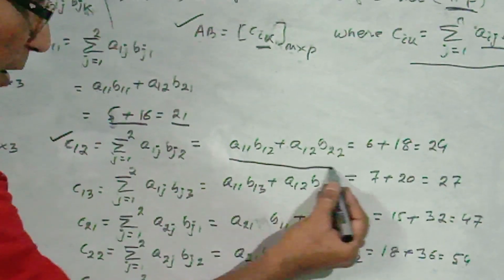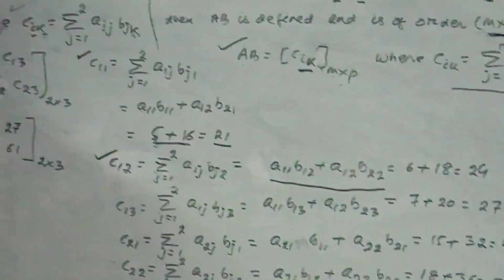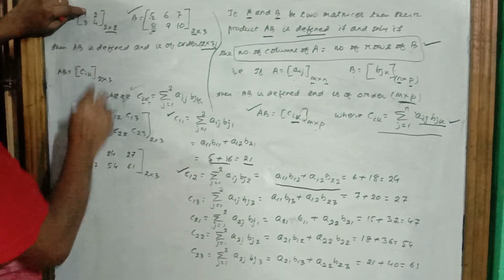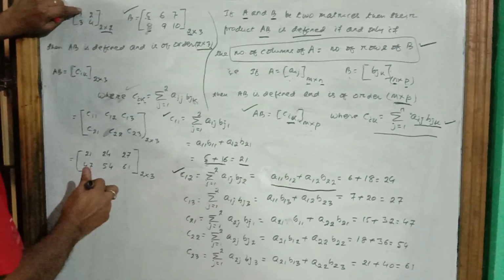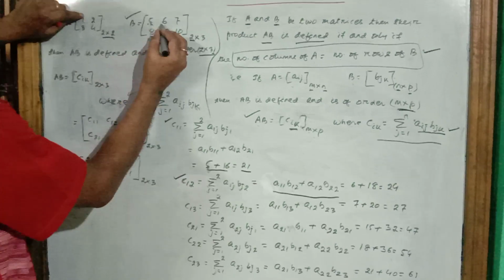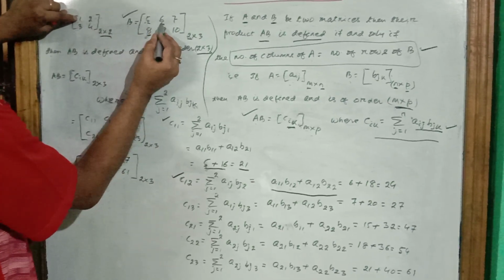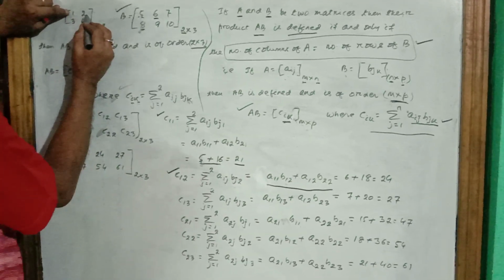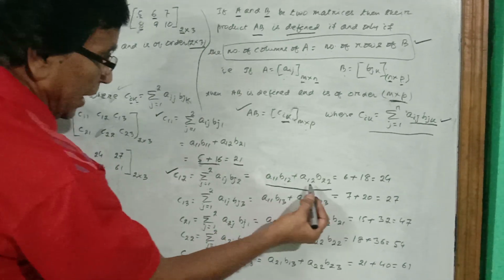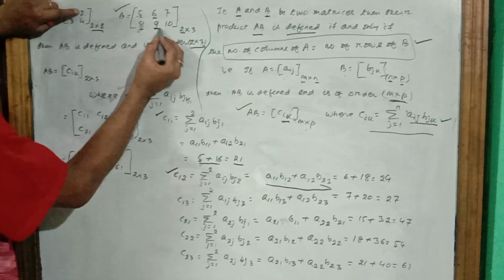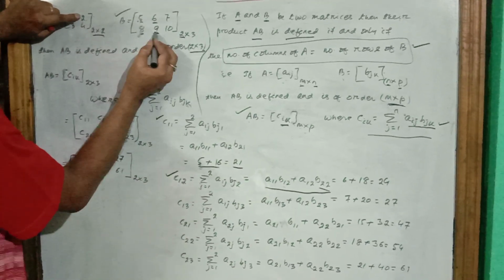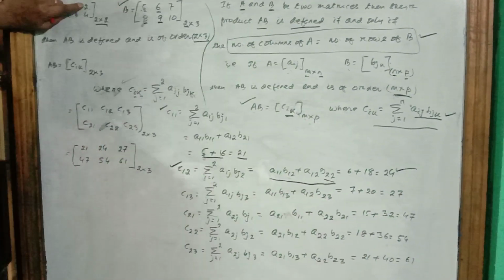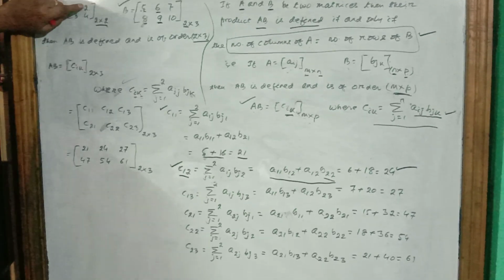Now substitute the values: A11 is equal to 1 and A12 is equal to 2. B12 is 6, so it is 1 into 6, that is 6, plus A12 is 2 and B22 is 9, so it is 2 into 9, that is 18. So 6 plus 18 is equal to 24. That is the value of C12.